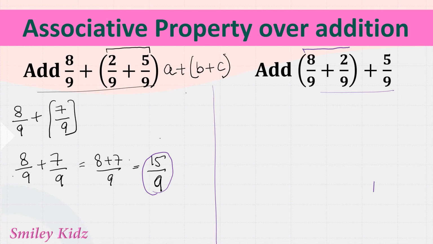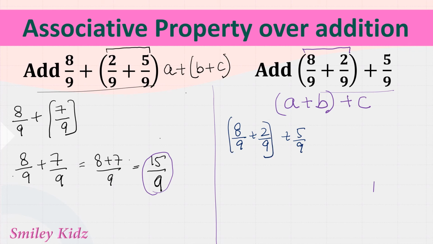Here we are having A and B in brackets. So our property says that A plus B will be in bracket, plus C. So first we'll be solving the brackets part. That is 8 by 9 plus 2 by 9, which is equal to 10 by 9. 10 by 9 plus 5 by 9 will be equal to 10 plus 5 by 9, which is equal to 15 by 9.